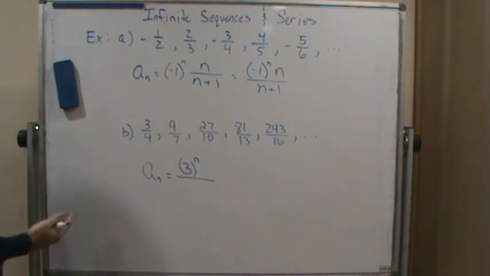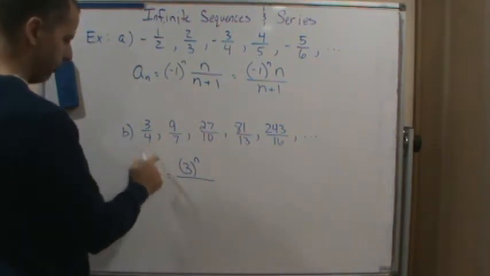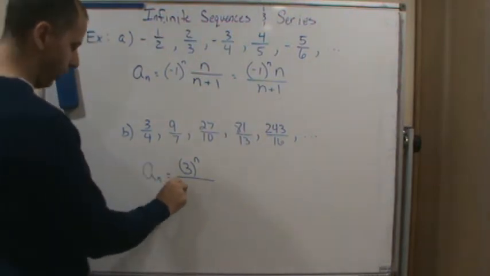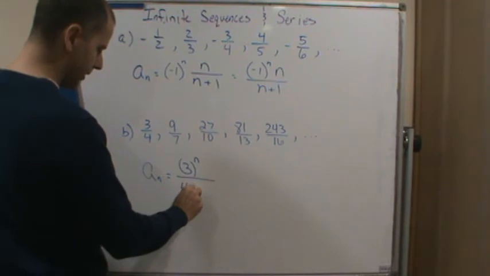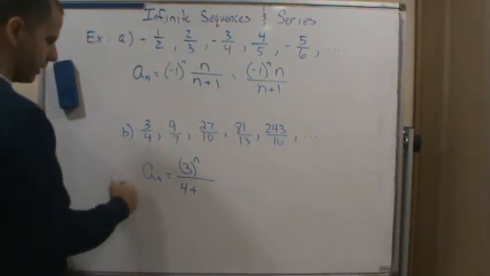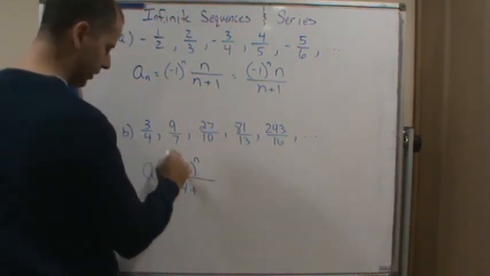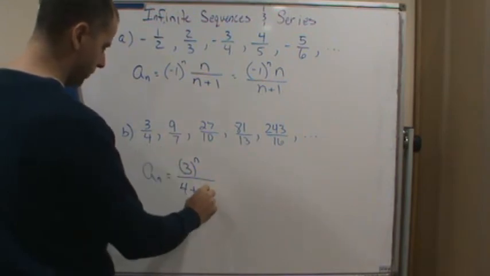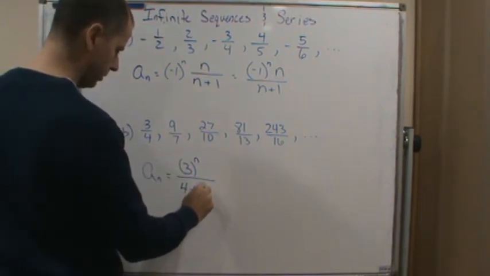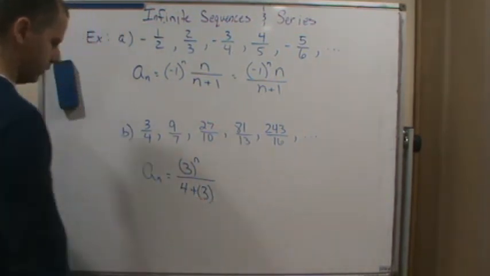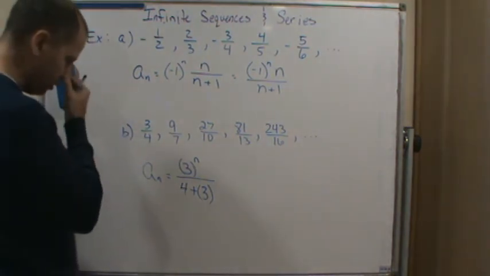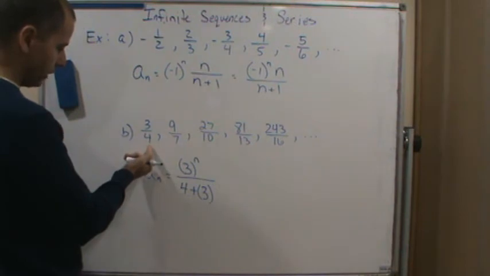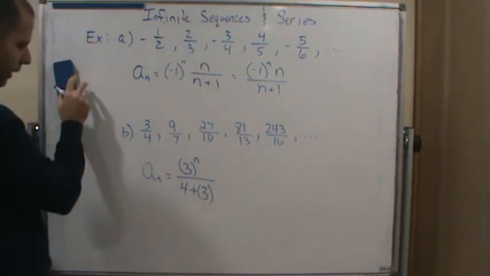So how would we represent this? Well, we can represent this as 4 plus some multiple of 3, right? Now, actually, you know what?